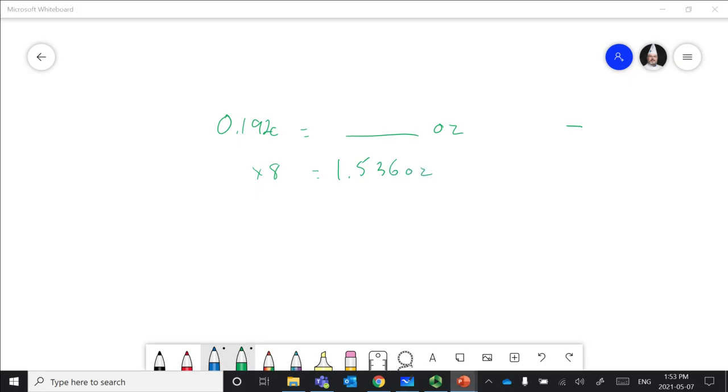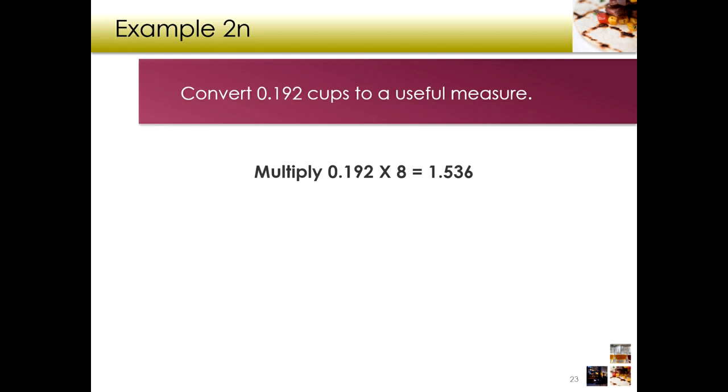I'm pretty sure I can't measure 1.536 ounces, so I'm going to have to round up to 2 ounces, and 2 out of 16 is actually 1/4, right? Although it might not be the most accurate, that's the closest thing, right?